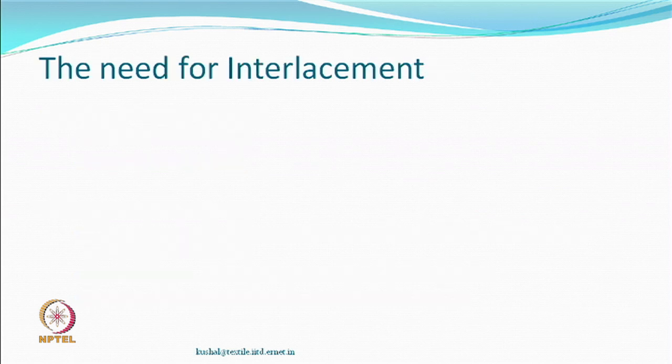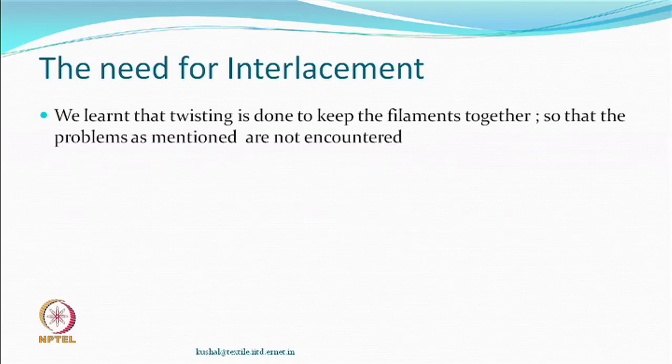So, this need that the filaments should not get separated was a real need, and therefore, people thought about another process which we now call interlacement. It is for multifilament yarns. This is not a problem with spun yarns. So that the above problems are not there, they do twisting.